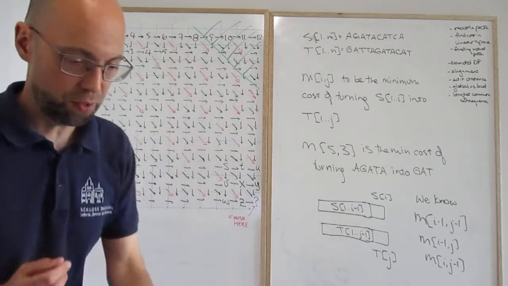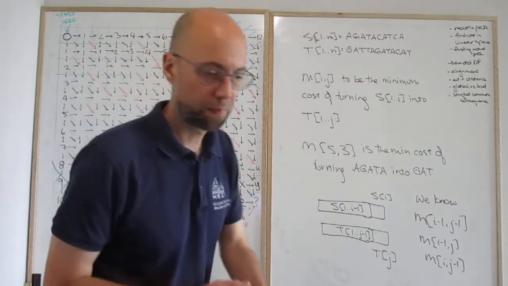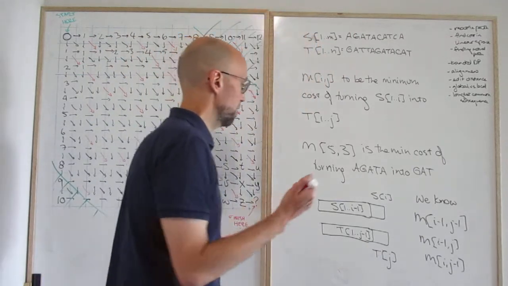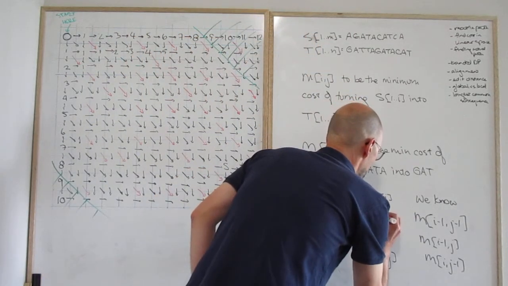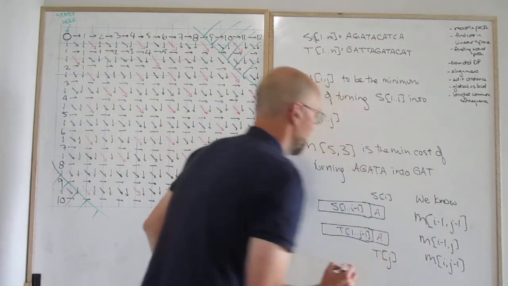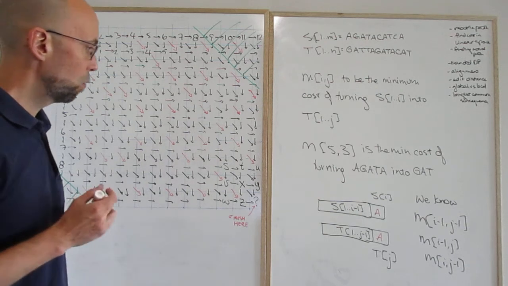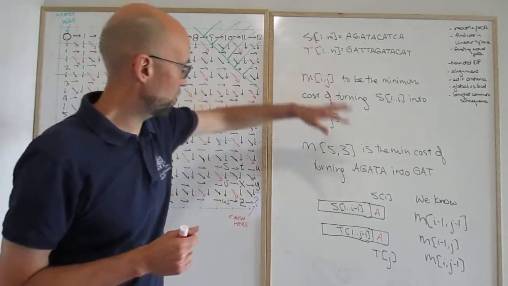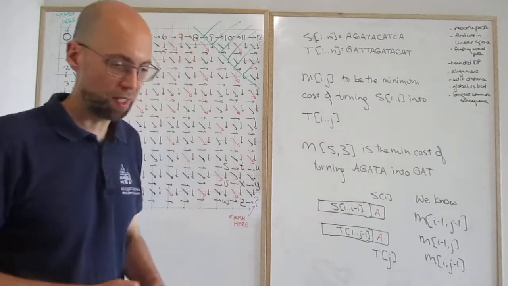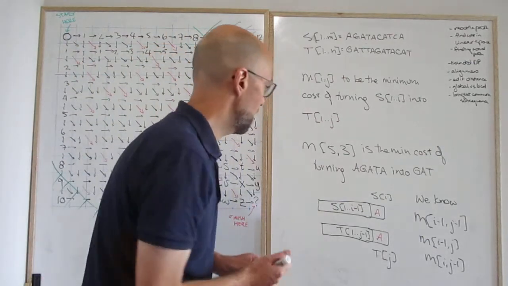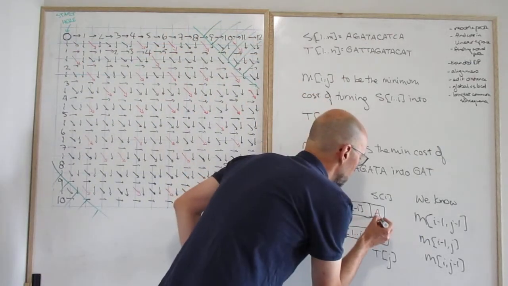Okay, so what are our options? Well, if this is an A, and this is an A, then what could we do? Well, remember we're trying to do this alignment thingy. So we could say this is going to align with this.